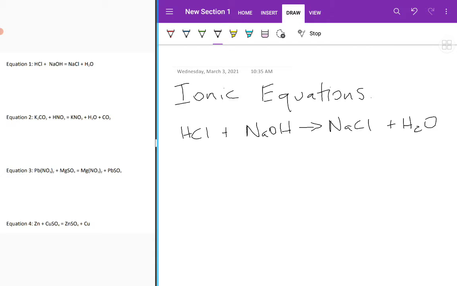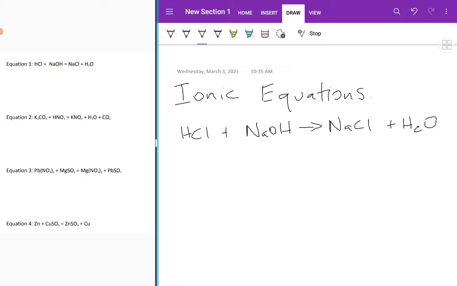Now let's check our equation first of all to see if it's balanced. We have one H plus another H on the left, that's two H's, one Cl, one Cl, one sodium, one oxygen, and one oxygen. So our equation is in fact balanced.